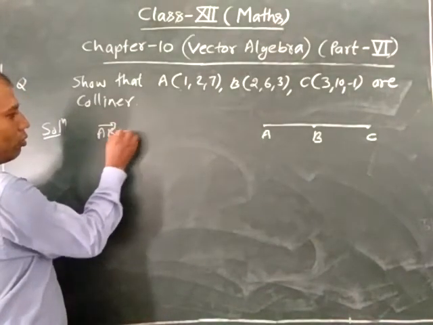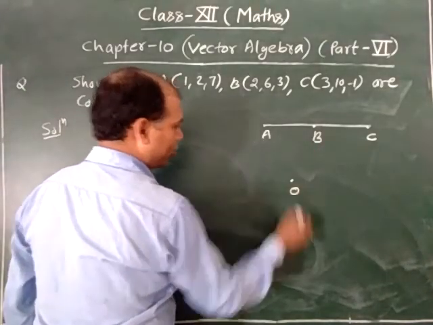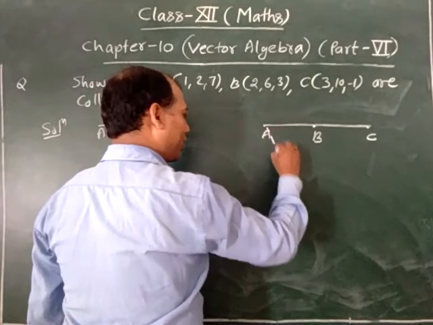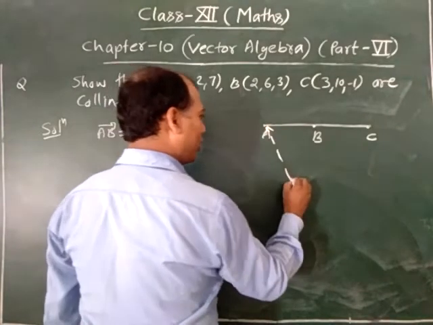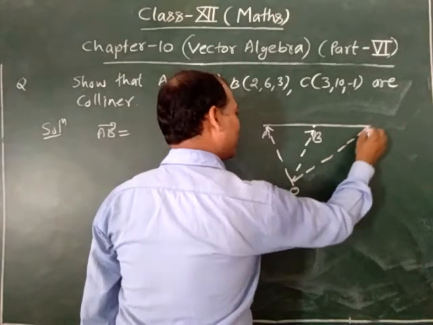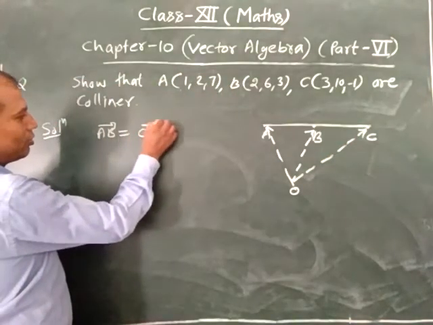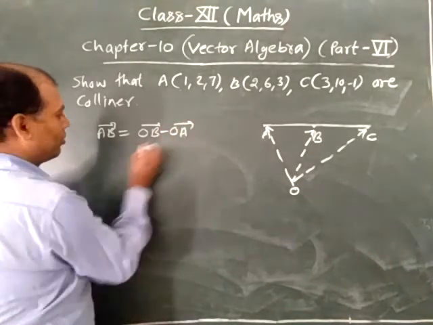First of all, we find vector AB. Consider O as origin, then position vector of A is OA, position vector of B is OB, and position vector of C is OC. Now AB can be written as OB minus OA.